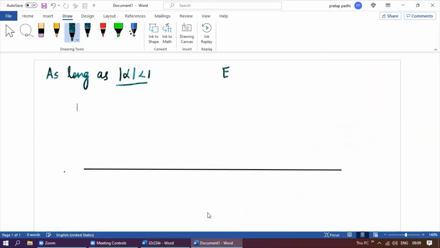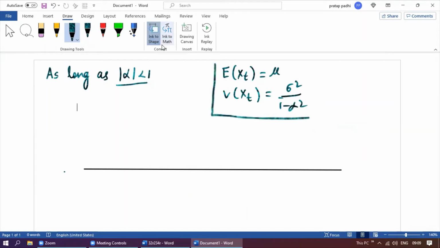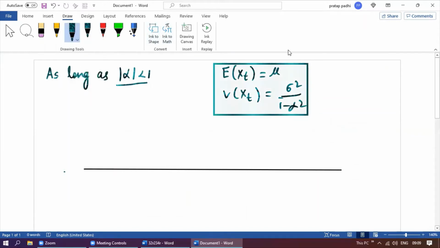E of xt will be equal to mu, and then variance of xt will be equal to sigma square upon 1 minus alpha square. These two will be satisfied. In the long run, if the other two conditions are not satisfied, this will happen when t tends to infinity.